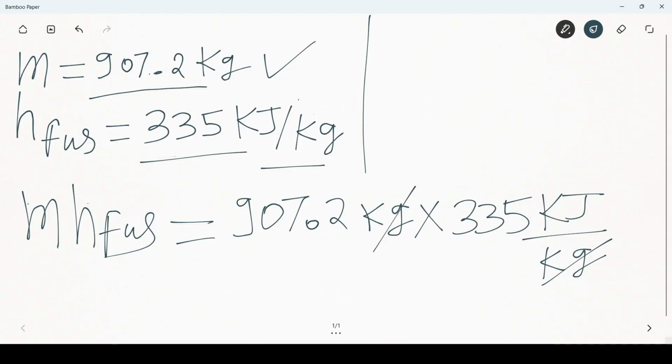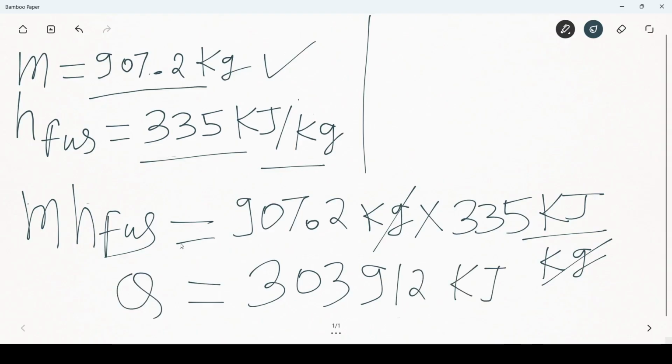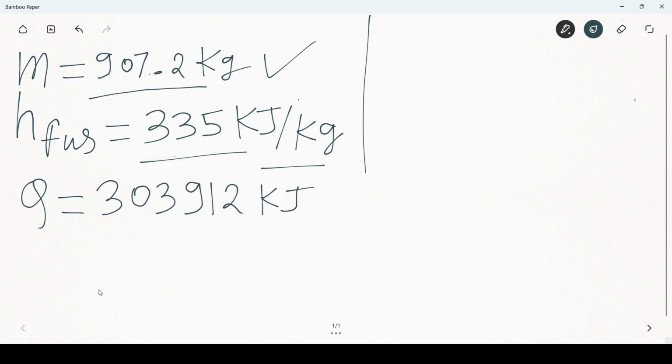Kg will get cancelled and we will get 303,912 kilojoule. So this 303,912 kilojoule of heat is the heat removal required to produce 1 US ton of ice from water at 0 degrees Celsius.